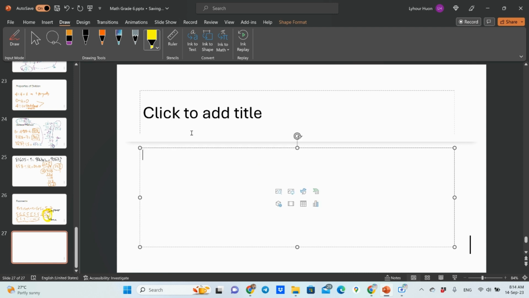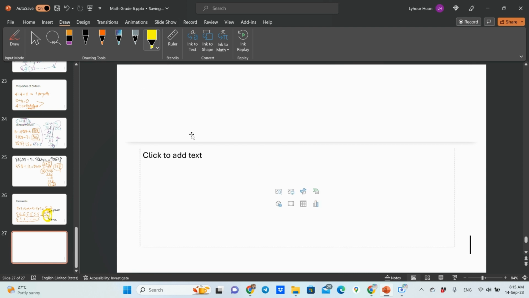While 5 is the base, 7 is the power. We also have several ways to address them.